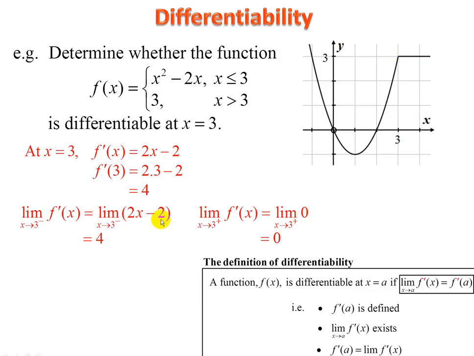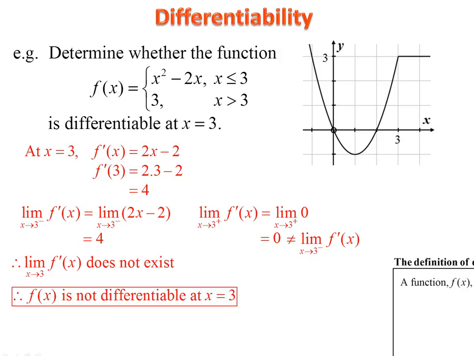So notice we have two different limits, 4 and 0, which means in fact that the left limit is not equal to the right limit of the derivative, which means the limit of f prime of x as x tends to 3 does not exist, which means that f of x is not differentiable at x equals 3.